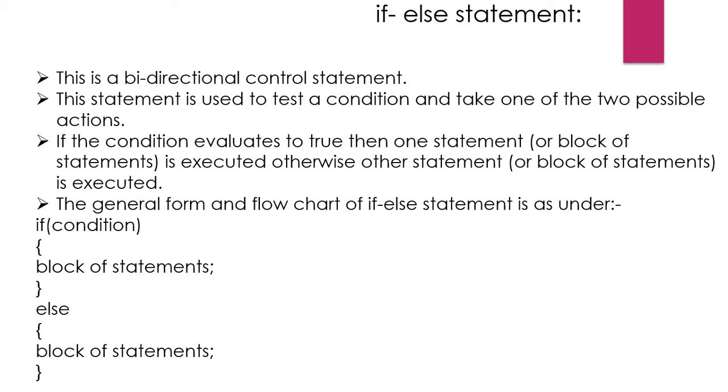Otherwise, the other statement or block of statements will execute. This is the simple syntax of it: one is the if condition and the other is for the false case, that is else. Which means if the condition is not satisfied, it will ultimately evaluate the else part.